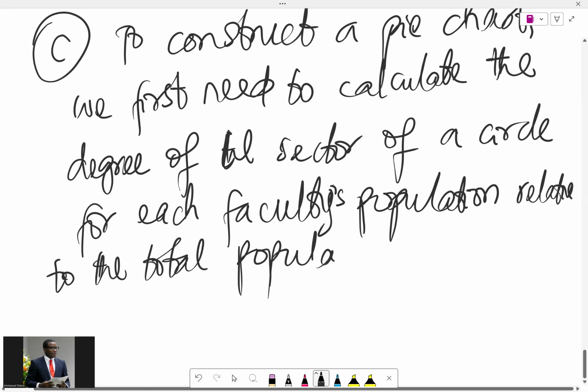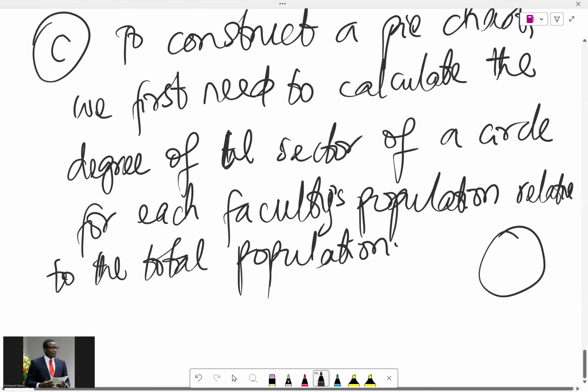This is because a pie chart represents the magnitude of different data in a circle. So it means that everything you're going to represent is going to take a sector of the circle. So you have a circle, right?